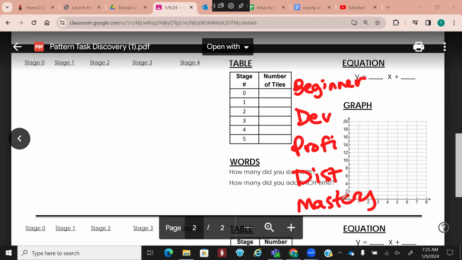Here's how this works. You're going to see on your mastery check down at the bottom these words. If you're a beginner, that's a 60. If you're developing, that's a 75. If you're proficient, that's an 85. If you're distinguished, that's a 95. If you're mastery, you're 100. So when you see this, these are the grades that you potentially could get.